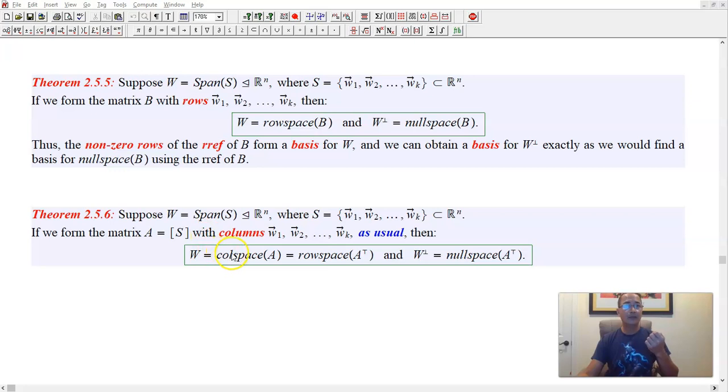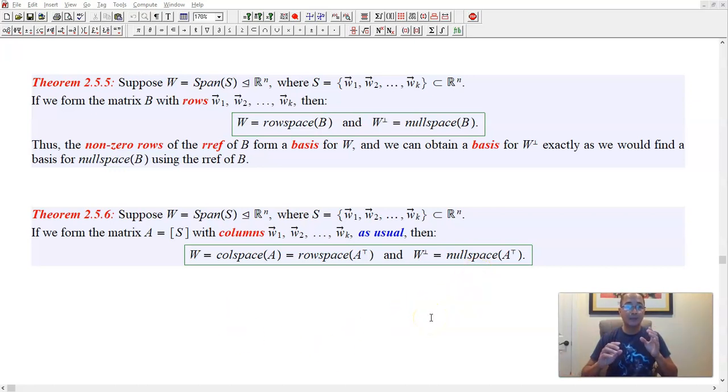So therefore, this matrix A is simply the transpose of B, and similarly, B is the transpose of A. So the column space of A is exactly the same as the row space of A transpose, which is the row space of B. And therefore, based on this last theorem, W perp is the null space of the transpose of A. So this gives us a connection, a purpose for the null space of A transpose.